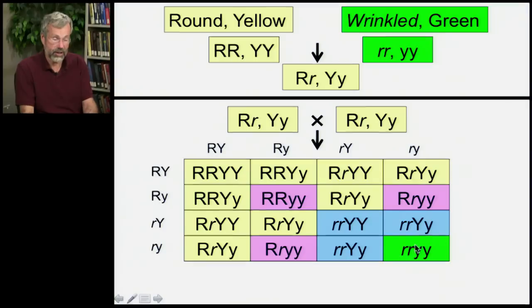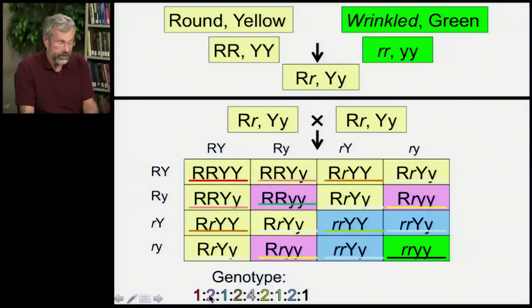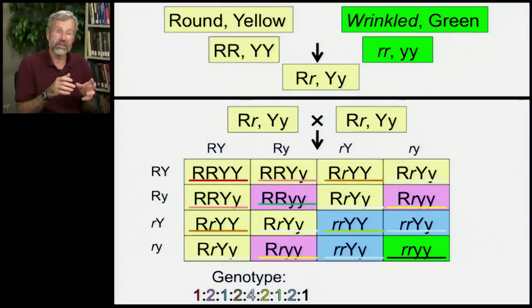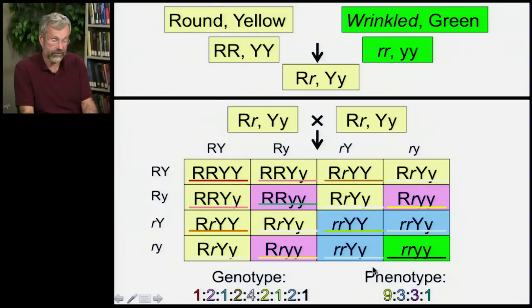So 16 possible combinations in the children, and we saw before that there are all these different genotypes if we really knew the exact genotype. But in Mendel's times and in a lot of breeding experiments, we don't know it, we just know the phenotype. And so if we track the phenotype ratios, there are 9 ways that we expect to get at least one capital R allele in the same individual as at least one capital Y allele. So there's those 9 right there.